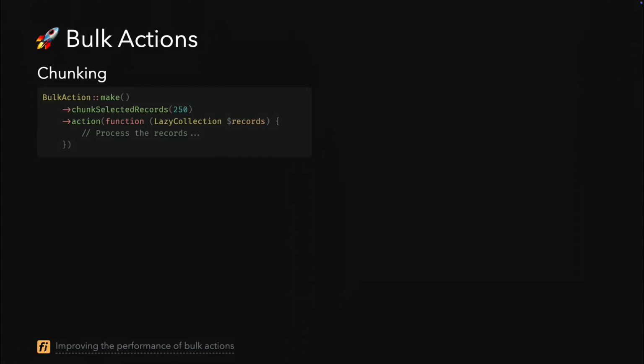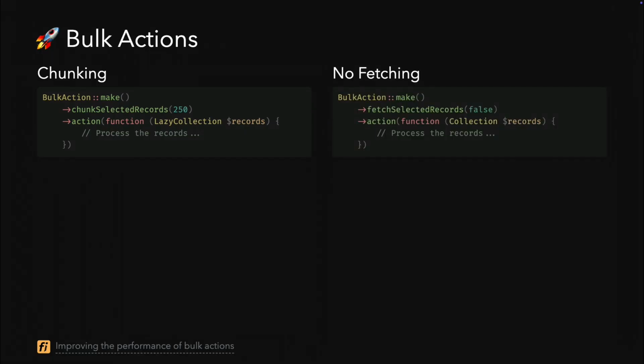So now you can use the chunkSelectedRecords method for that. Or if you don't want hydrated models at all, you can now use the fetchSelectedRecords method to disable the fetching of those Eloquent models.